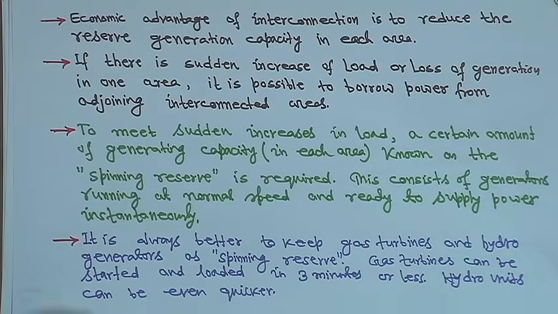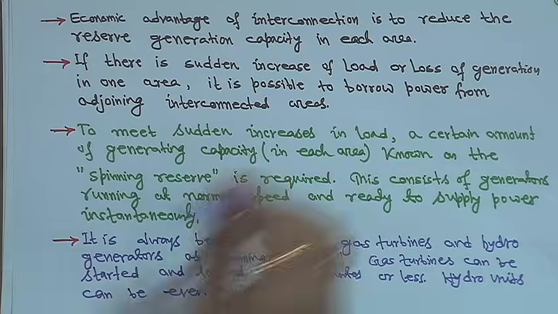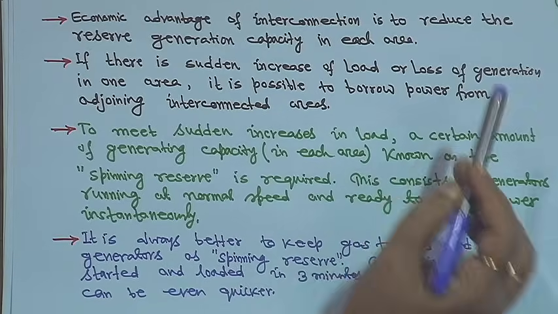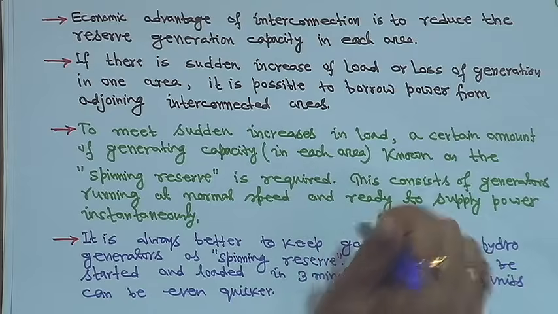That means the economic advantage of interconnection is to reduce the reserve generation capacity in each area. Now if there is a sudden increase in load or loss of generation in one area, it is possible to borrow power from adjoining interconnected areas.